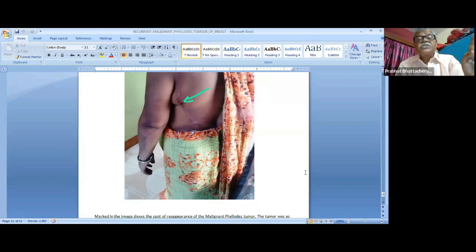The loquaciousness of the lachesis, which she had earlier, stopped after getting the shock. That reappeared after your medication. It is a good sign.